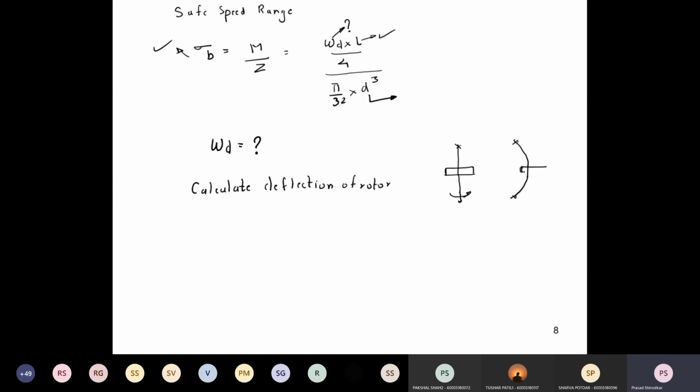The new position of the rotor will be something like this. So there is a deflection, and this value is nothing but your y. All right. So you have to calculate the deflection in the rotor. Now this is under dynamic condition. So due to dynamic load, W_d into L cube divided by 48 EI. All right. So that will give you the deflection under dynamic load. So calculate y.